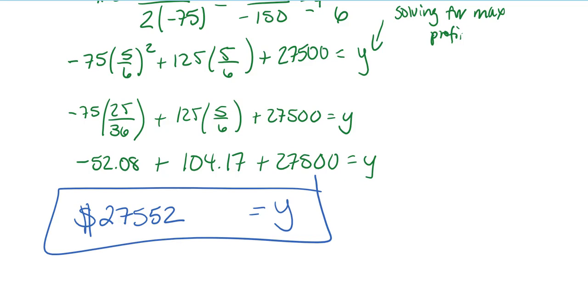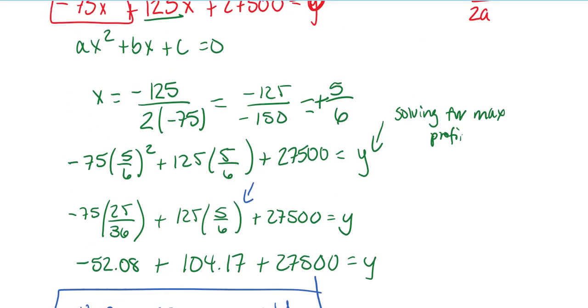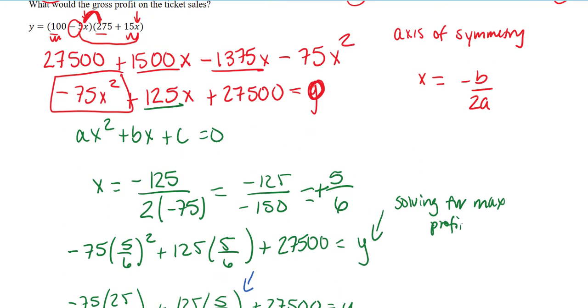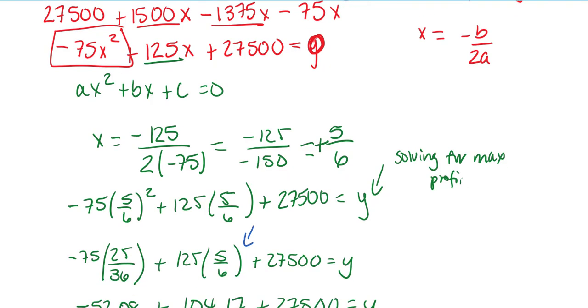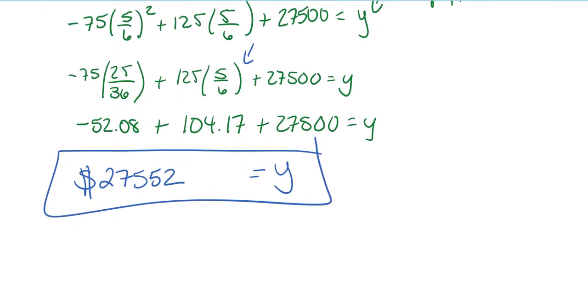So what does this mean? Well, it means that we want to set the ticket price when x is equal to 5 over 6. That will give us a maximum profit. What would that be? Well, if we look back, we have this 100 minus 5x. So that would be the ticket price. And then we want to find out what that is.